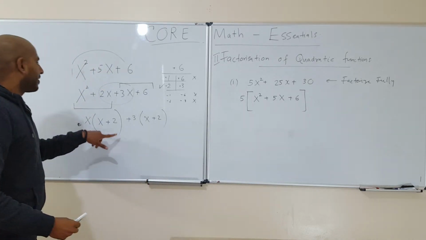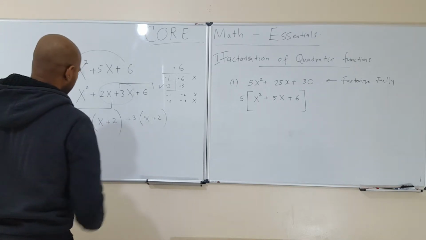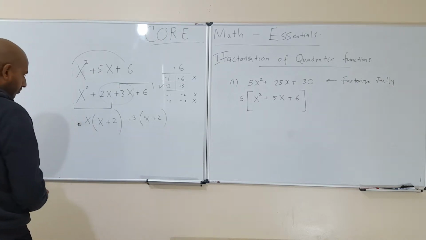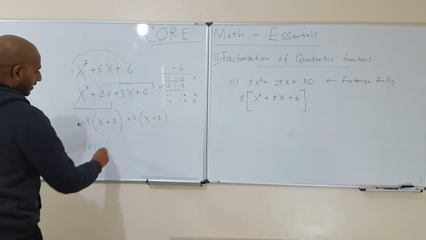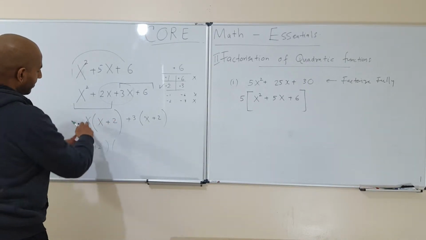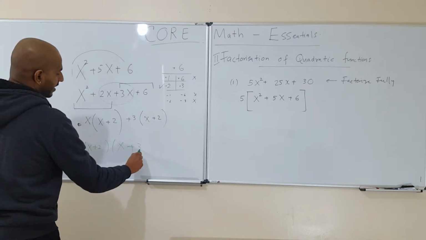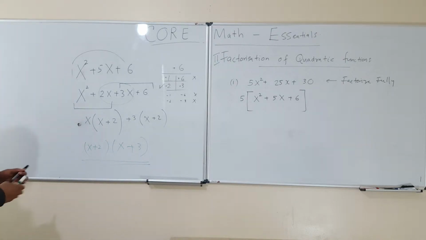Now we can take x plus 2 out. What are you going to get? I take x plus 2 out from here, and we're left with x plus 3. There you go. That's the answer. That's the factorization for that.